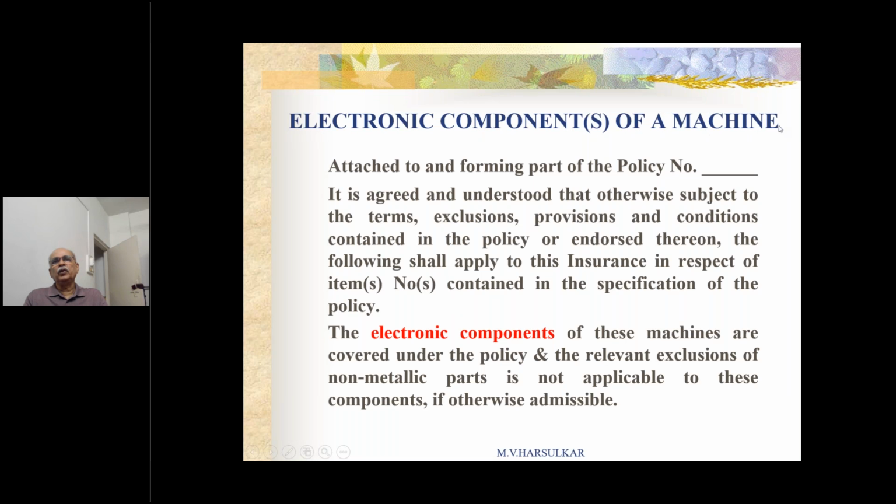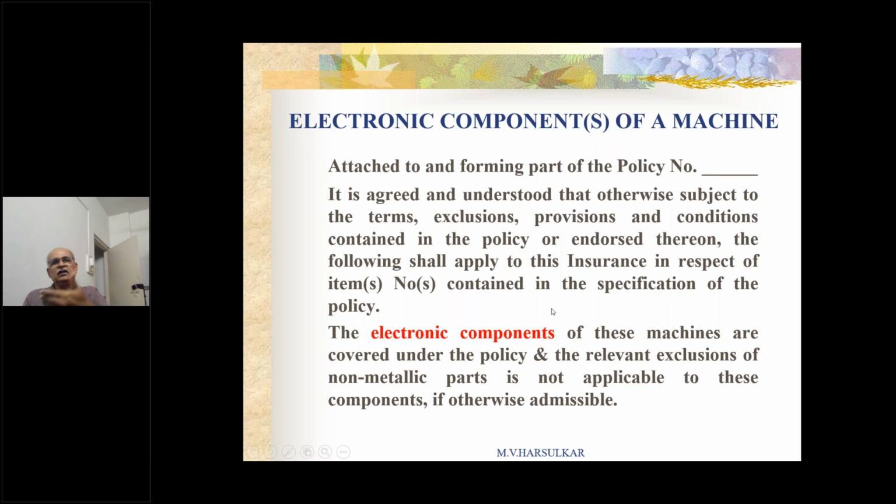Then electronic components of a machine. As I told you earlier, most electronic components are non-metallic. So if they are covered under the policy, the relevant exclusion of non-metallic parts is not applicable to these components, if the claim is otherwise admissible. Then that exclusion will not be applicable.